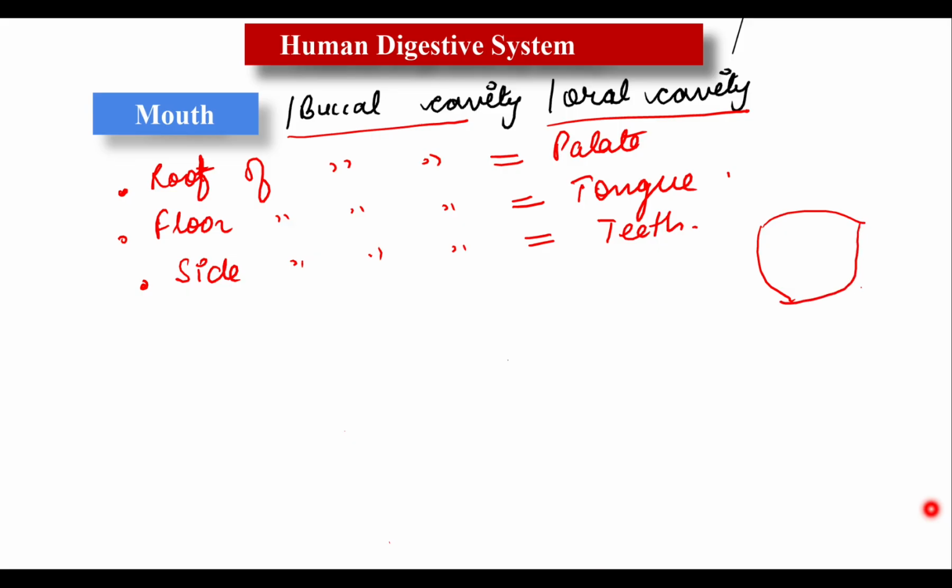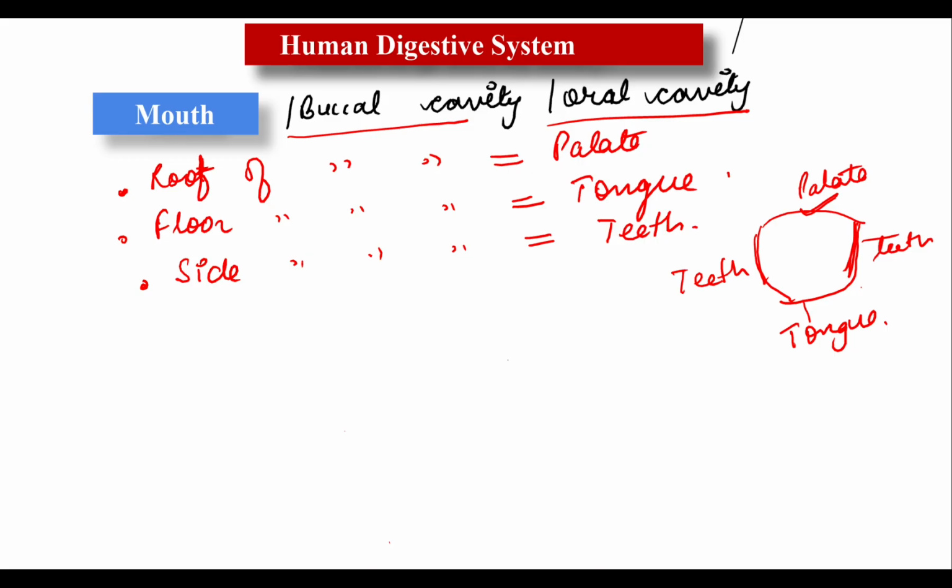When you open your mouth, the upper part inside your mouth is known as the palate. In the lower part the tongue is present, which is the floor, and at the sides inside your mouth the teeth are present.